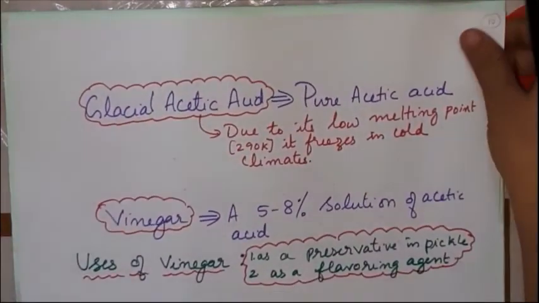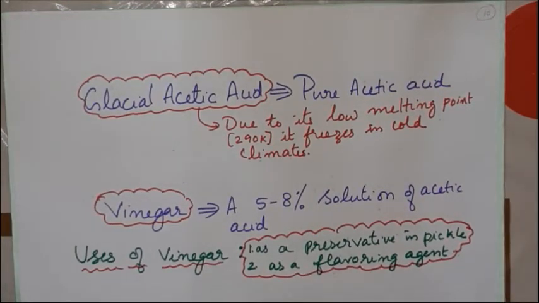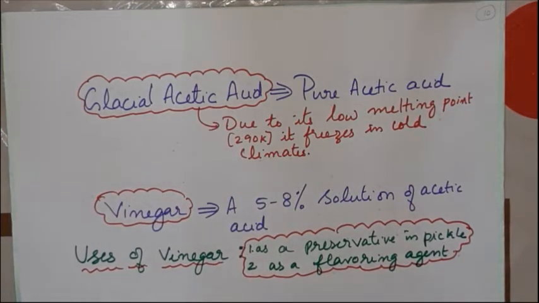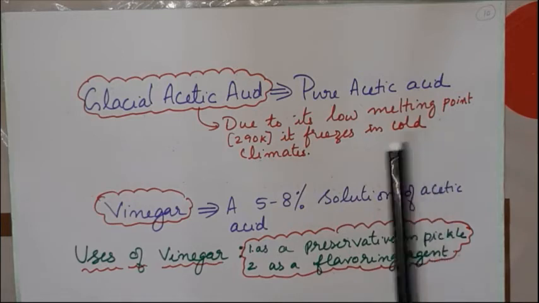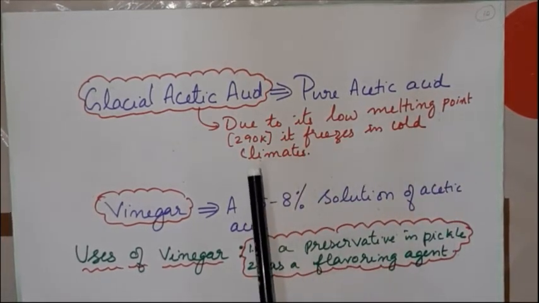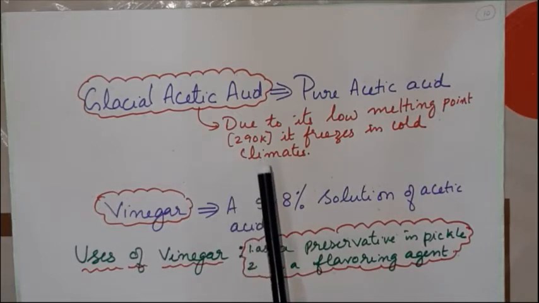Now let's see the two terms associated with acetic acid. The first one is glacial acetic acid. It is nothing but pure acetic acid. There is no water content at all in it. And it has a very low melting point. Earlier I told you, the melting point of acetic acid is 290 Kelvin.